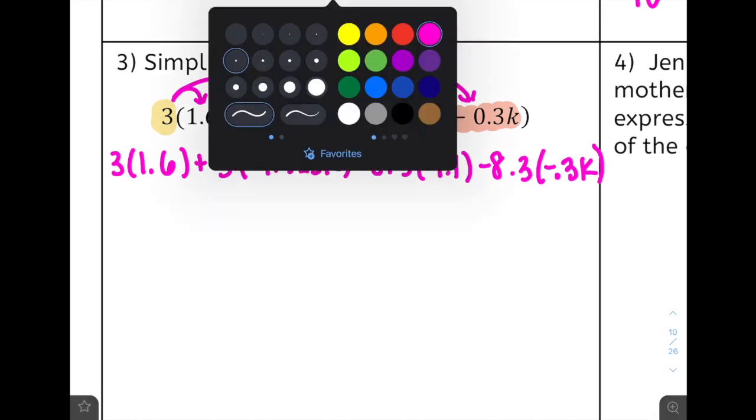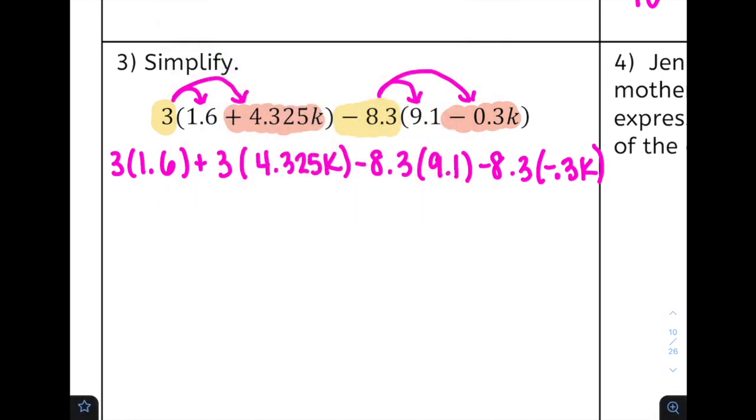So what I have when I just distribute again, I'm going to get 4.8 plus 3 times 4.325k is going to be 12.975k. Negative 8.3 times 9.1 is negative 75.53. Then you have plus 2.49k.